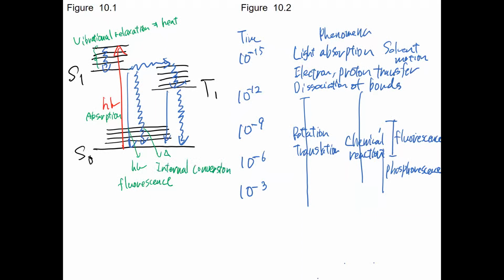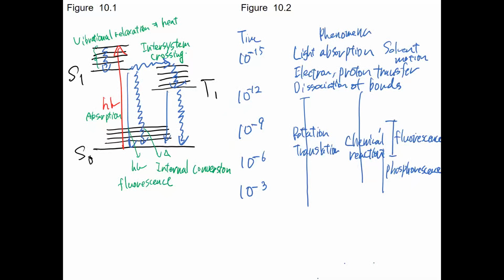There's also an important process in photochemistry, which is the transfer from the S1 state to the T1 state, called inter-system crossing. That's why you can obtain not only the singlet state, but also the triplet excited state.